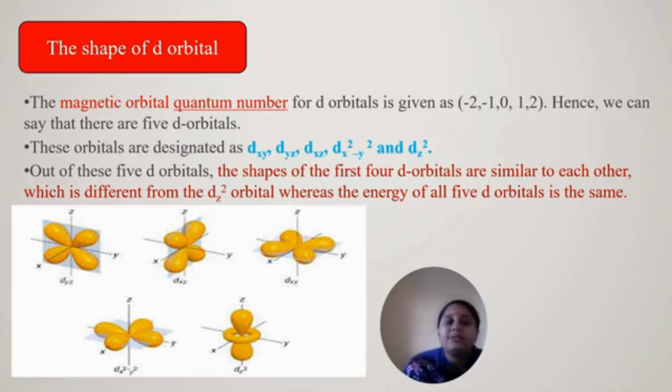Out of these 5 d orbitals, 4 d orbitals are similar to each other and different from the dz square, and the energies of all the d orbitals are the same. So we can see the orientation of the different d orbitals.